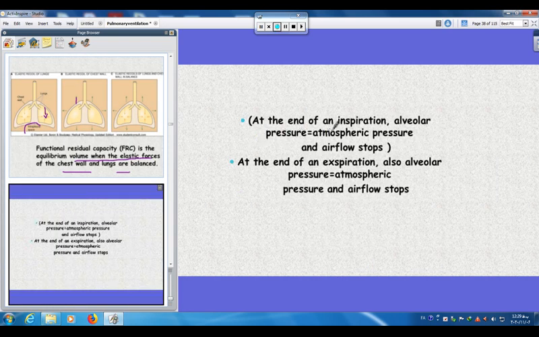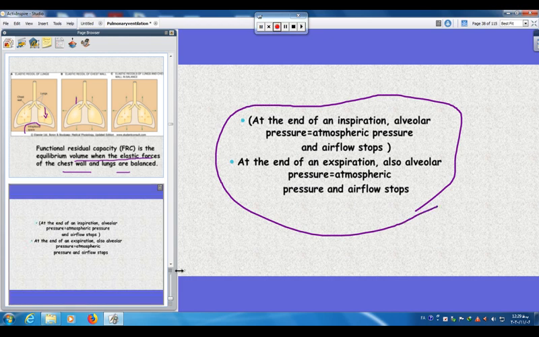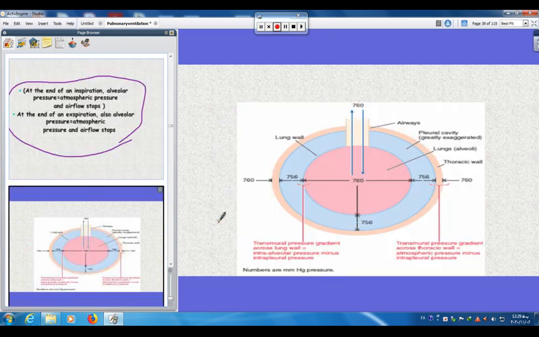At the end of inspiration, alveolar pressure equals atmospheric pressure and airflow stops. At the end of expiration as well, alveolar pressure equals atmospheric pressure and airflow stops. You can also see the numbers in millimeters and the pressures.